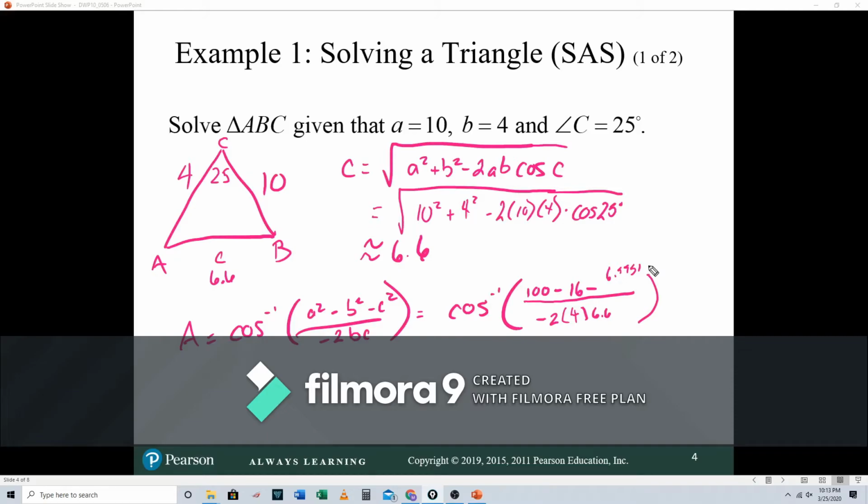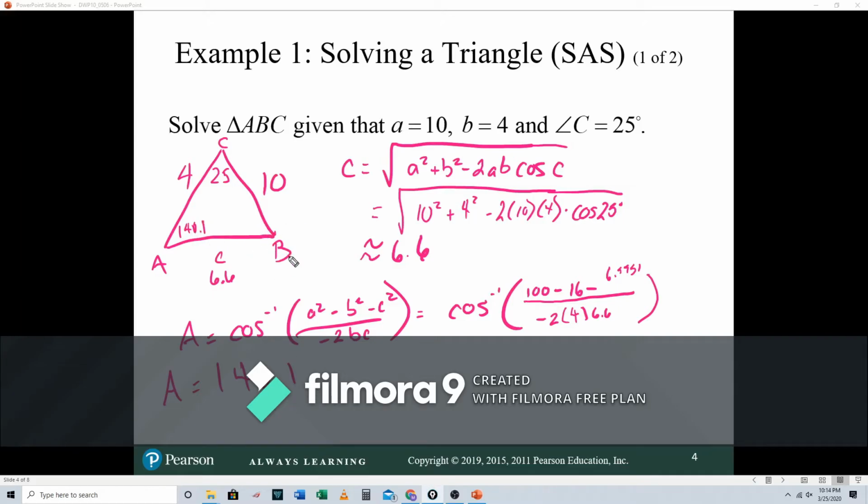Give me a second. Almost there. And that gives me that A is equal to 140.1. I don't know what they want to round to, but we'll say that.